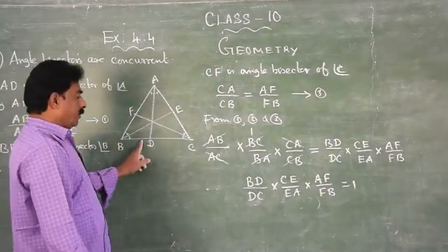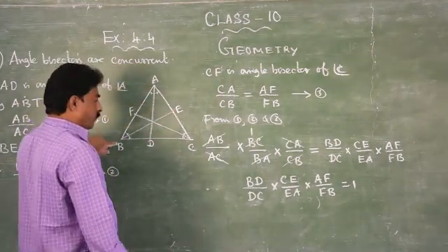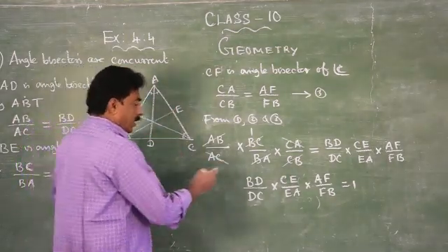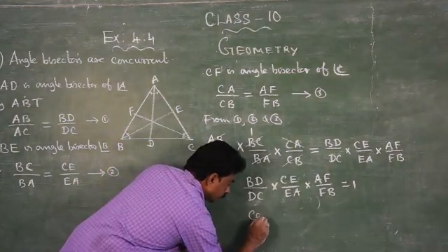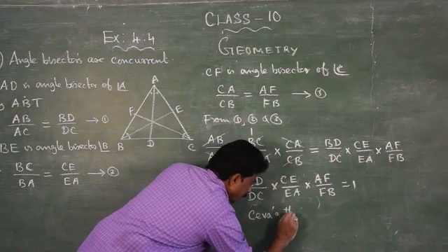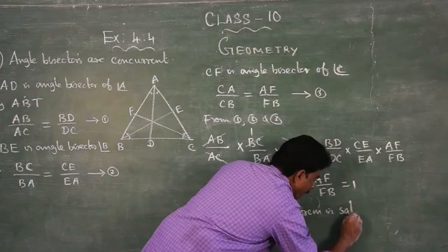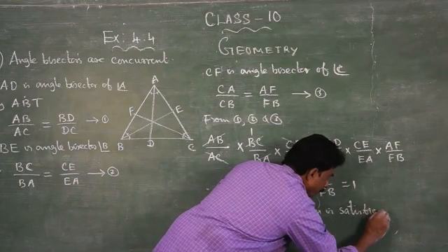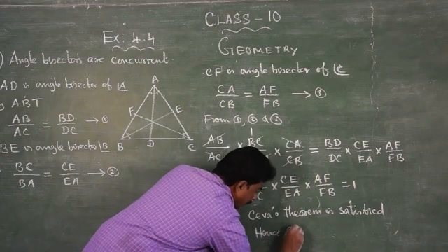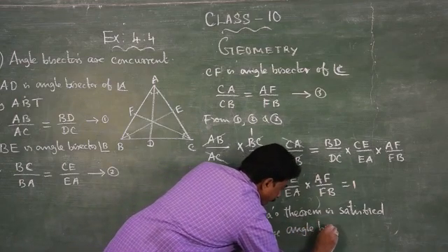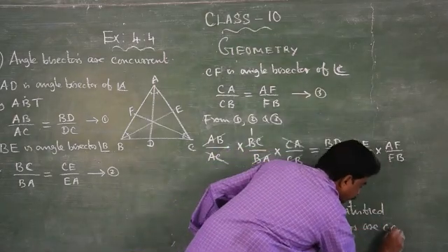So it means they are concurrent, so Ceva's theorem is satisfied. Hence, angle bisectors are concurrent.